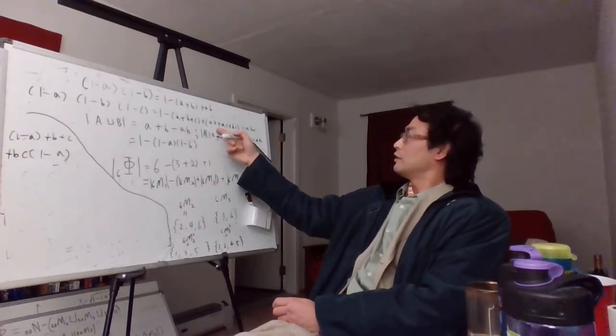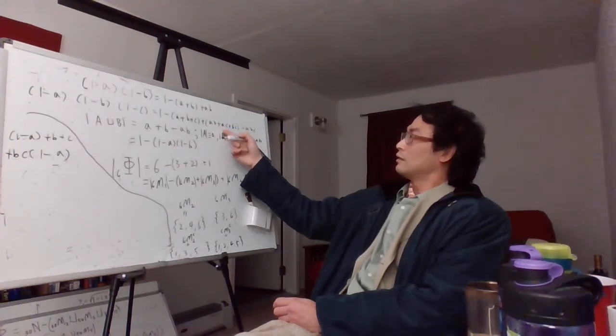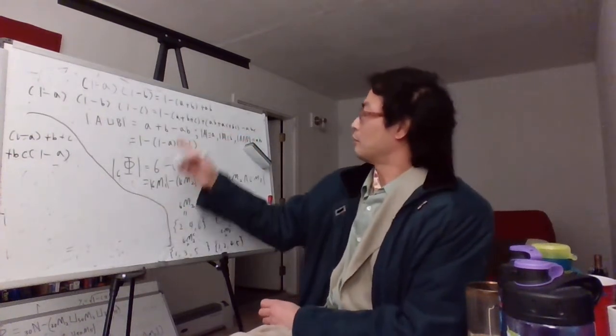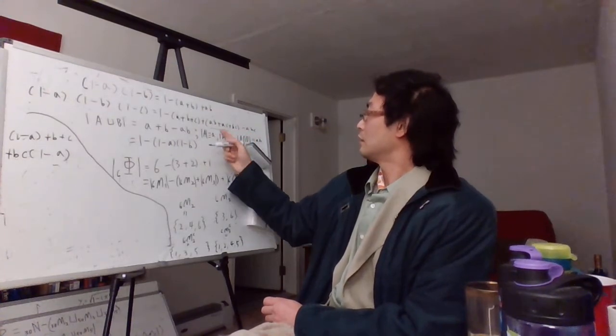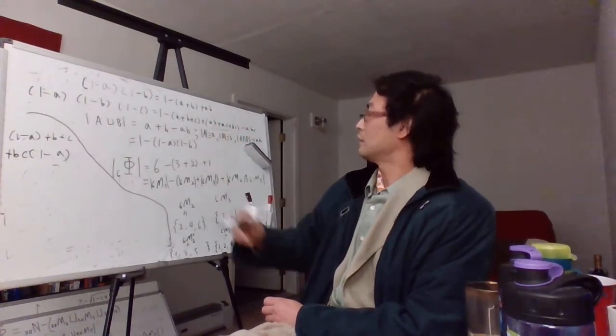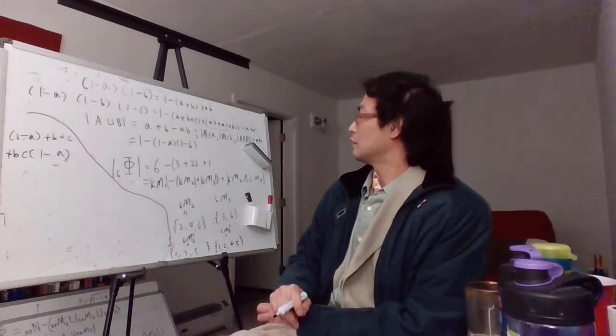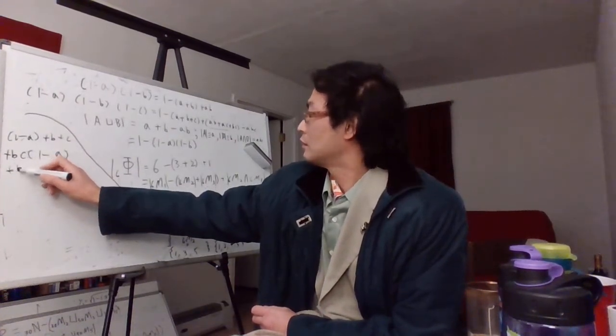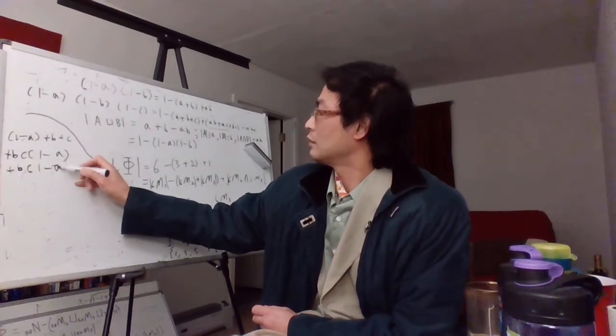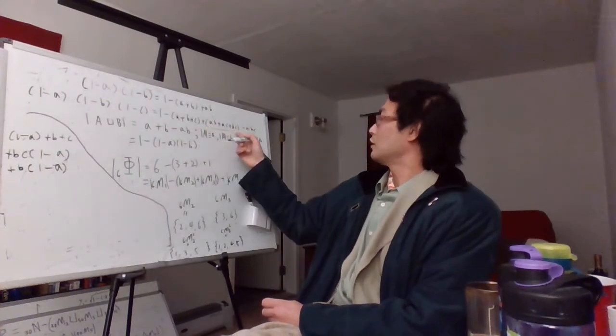Then you have minus B plus AB. Minus C and you have AC.